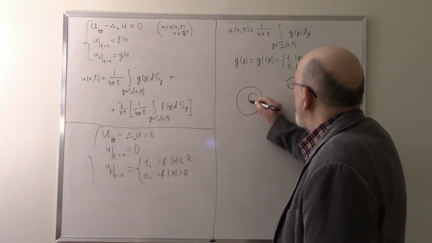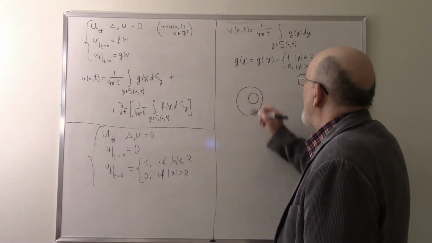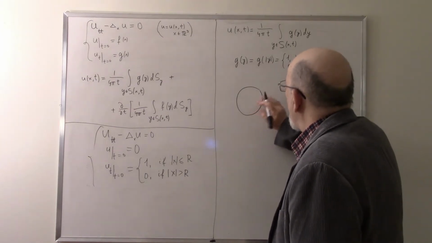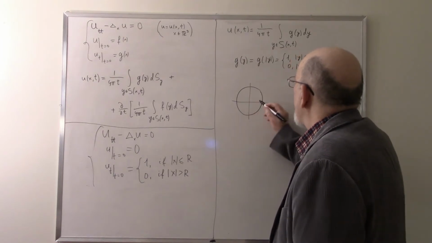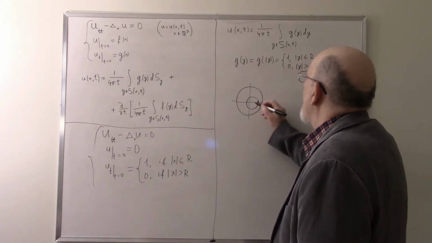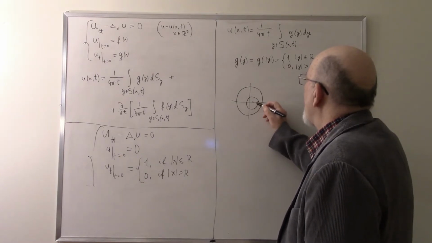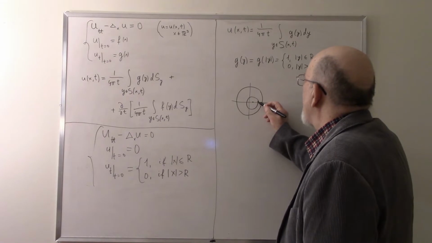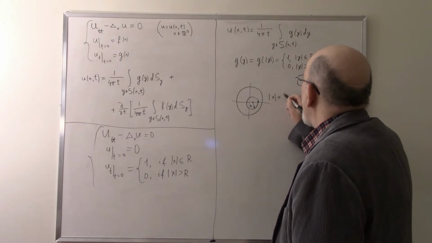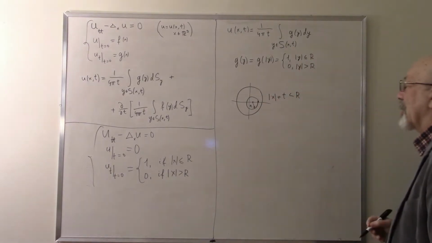The sphere can be entirely inside the ball. Let me draw it. So modulus x is of course less than r, and it is the case modulus x plus t less than r. So the sphere is inside.